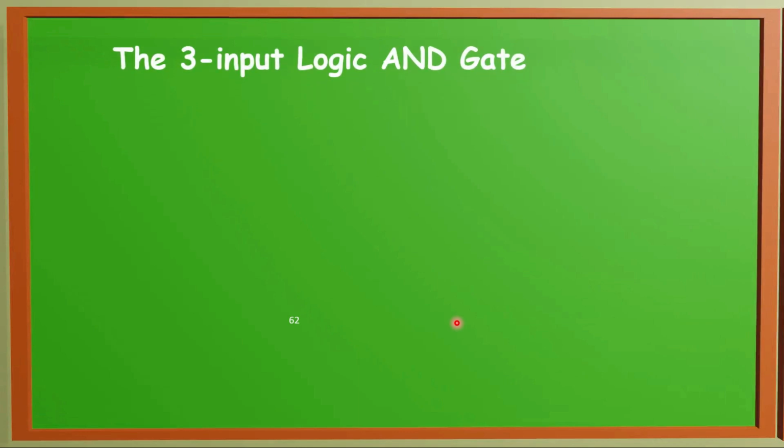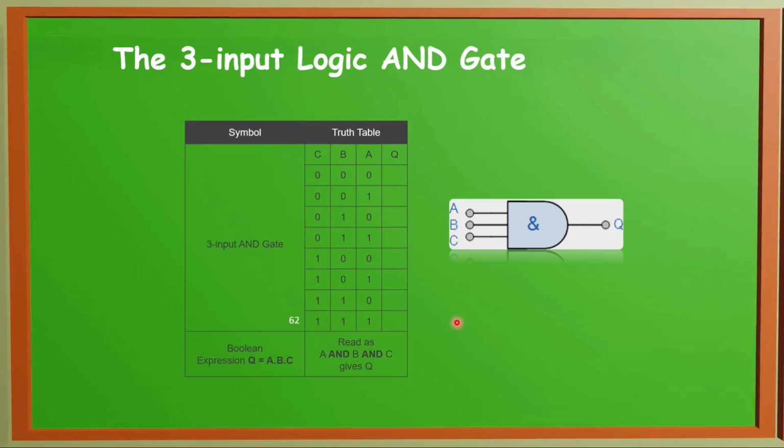There may be 3 input AND gates also. What will be the change? There will be 3 inputs and 1 output. In the truth table, we will get 0 until the second last position, because in each level there will be involvement of at least one 0. 3 inputs can be divided into 8 possible combinations.